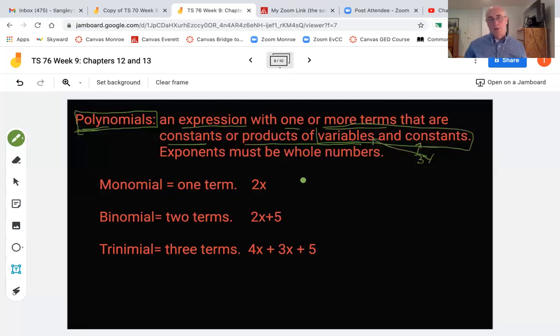So for it to be considered a polynomial, that's why I just talked about exponents. You can have exponents that are fractions, and if you have exponents that are fractions, then the whole thing is not a polynomial. But if it has exponents that are whole numbers, regular numbers, then it could be part of a polynomial.